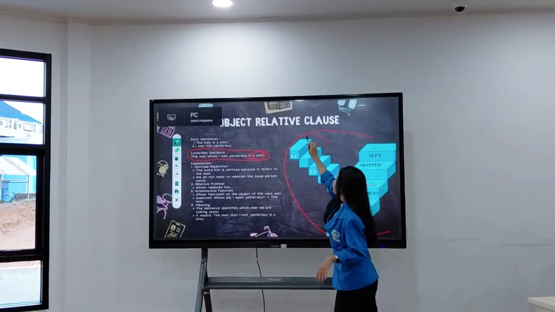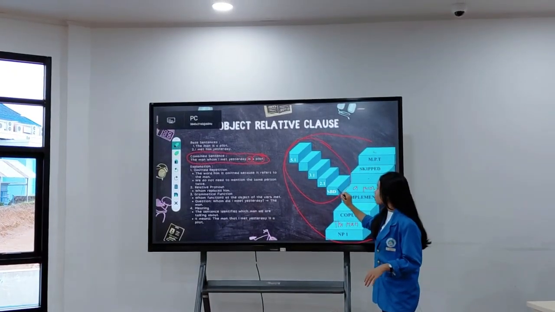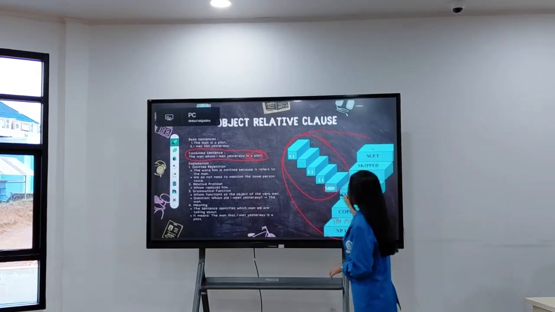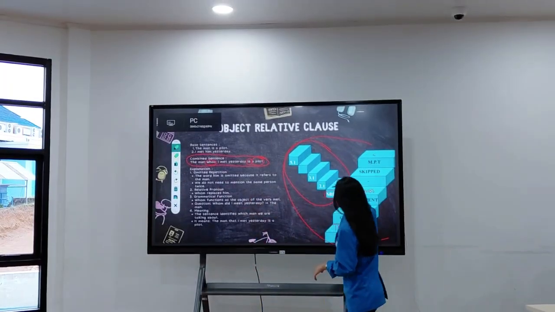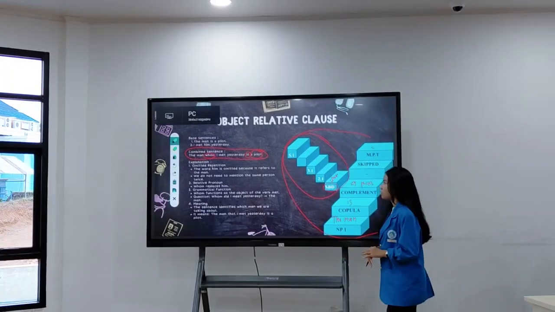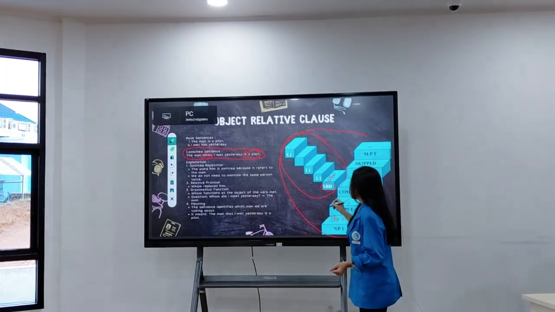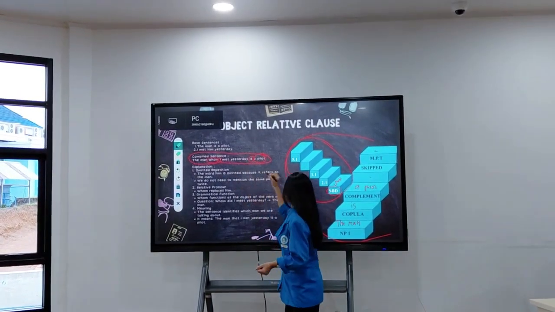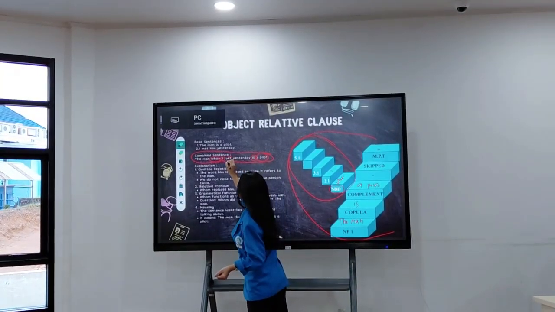And for the first one, we start with the subordinating conjunction. In SBD, we just use whom or whose or who or that and which. In the stage 2, we write I. And the stage 3, meet.